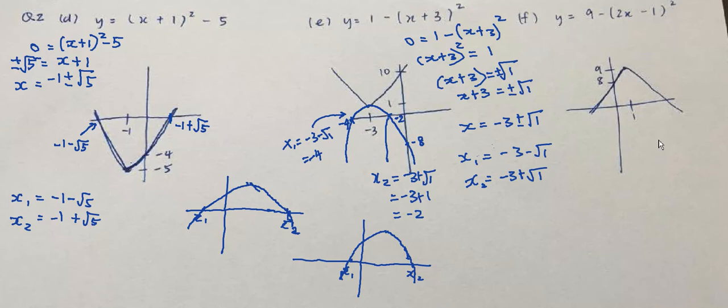Now again for this one, let's make y equal to 0: 9 minus (2x minus 1) squared. Bring it to this side, so (2x minus 1) squared becomes 9. So 2x minus 1 becomes plus minus square root 9, which gives you plus minus 3.